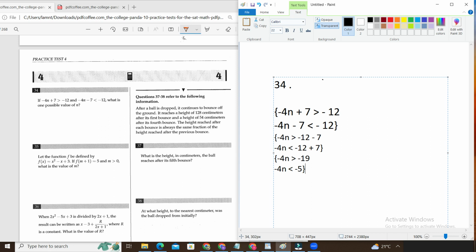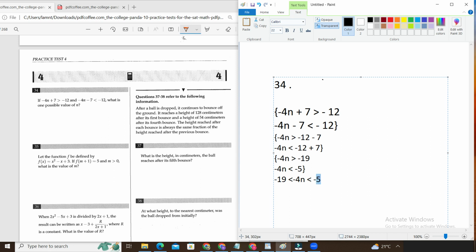So you can have minus 19 less than minus 4n and less than minus 5.